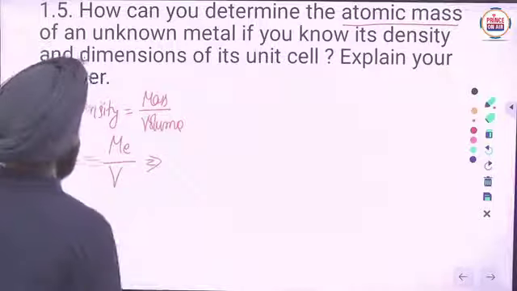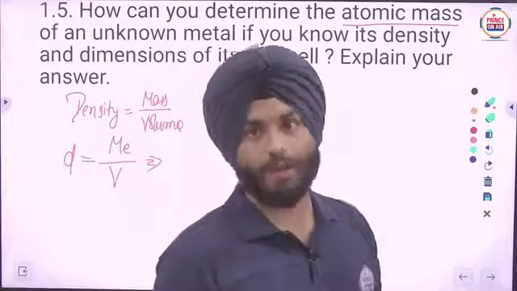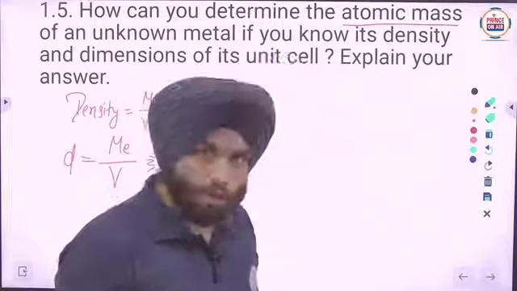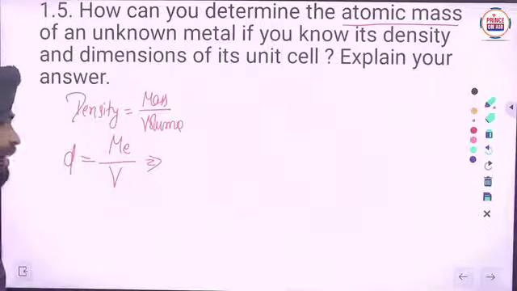All of you know that in the cubic structure, the units are considered to be cubic in shape. So its edge length will be a. We are considering that the edge length is equal to a.